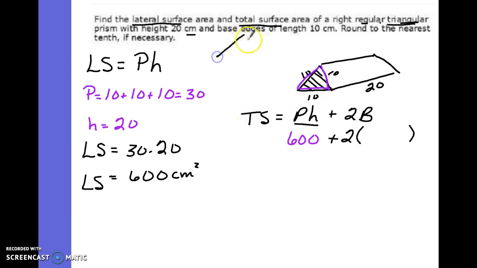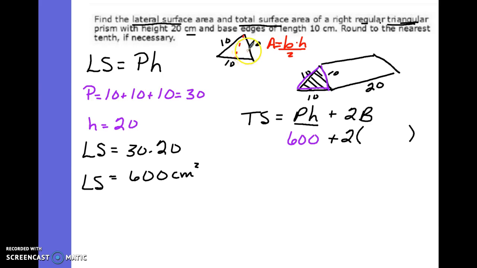You have a triangle here, and we know this side is 10, this side is 10, this side is 10. And we know the formula for area of a triangle is base times height divided by 2. And we know the base part is 10, but we don't know how tall it is because the height is this part here. It's not the slanted, it's the perpendicular distance.